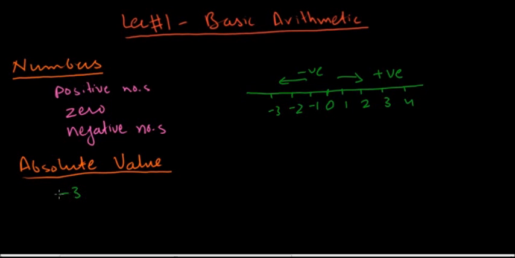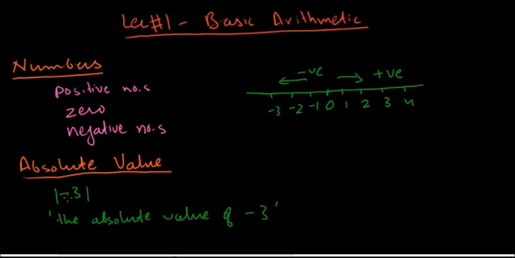And you'll see sometimes on GRE that the number is surrounded by these two straight vertical lines. Okay, so the way this is said is the absolute value of -3.